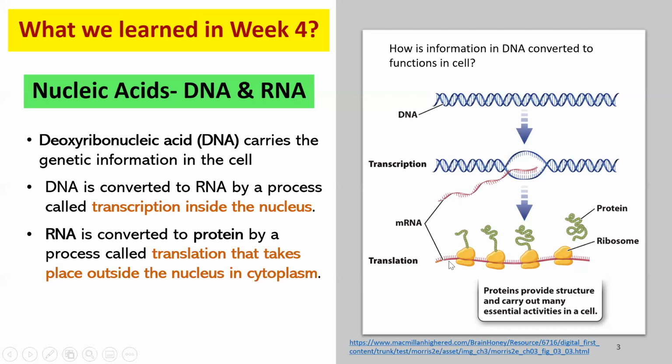This figure doesn't do complete justice to how the RNA is converted to protein, but you can see that the green chain, which represents the protein chain here, keeps growing, and then eventually it gets released. That is the protein that is eventually folded by the cells. On the left-hand side, it briefly states the process: DNA is converted to RNA by a process called transcription, and then the RNA is converted to protein by translation.